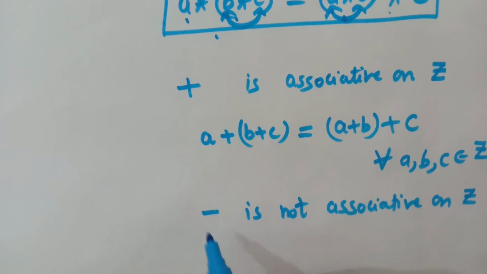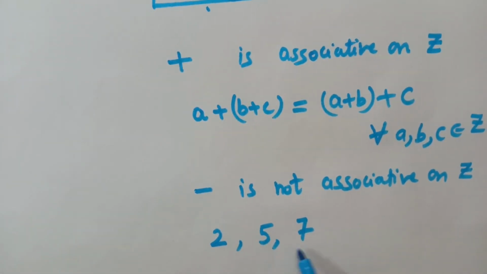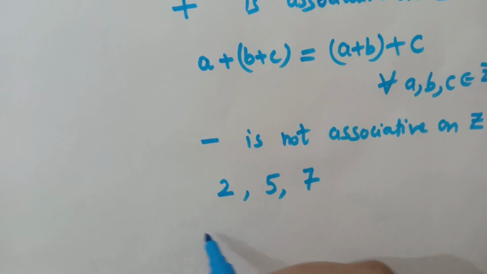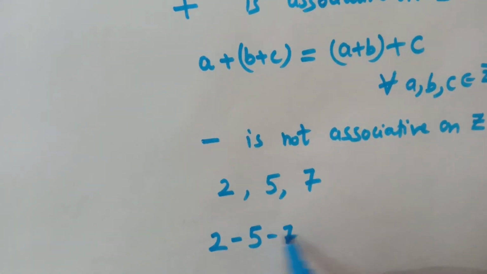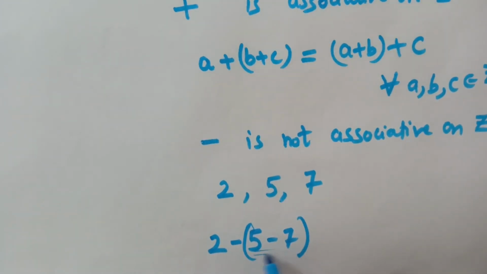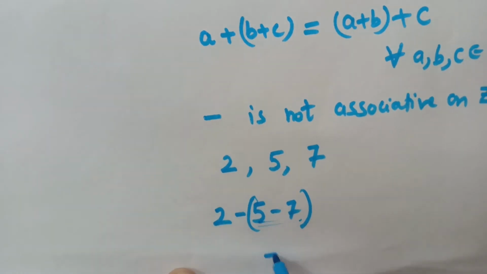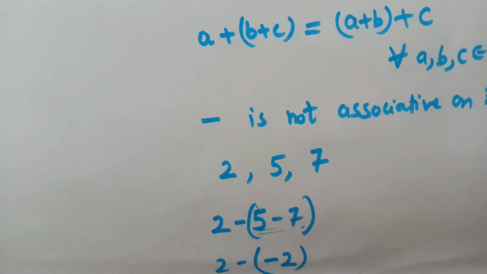For example, if we consider three integers 2, 5, 7 and let's operate them as in the left hand side first and then as in the right hand side. So here I am writing 2 minus (5 minus 7). We will operate first 5 and 7. So 5 minus 7 is minus 2, and 2 minus minus 2 would be equal to 4.